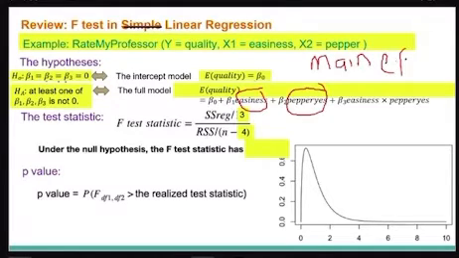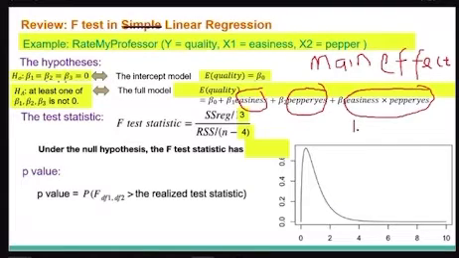Please write it down. Please take notes. When I'm testing effects of a variable separately, we call that the main effect. Does that make sense? We can also test the interaction effects. This is an interaction effect.